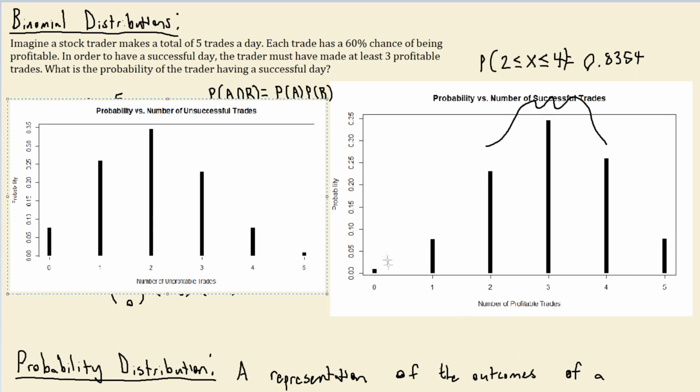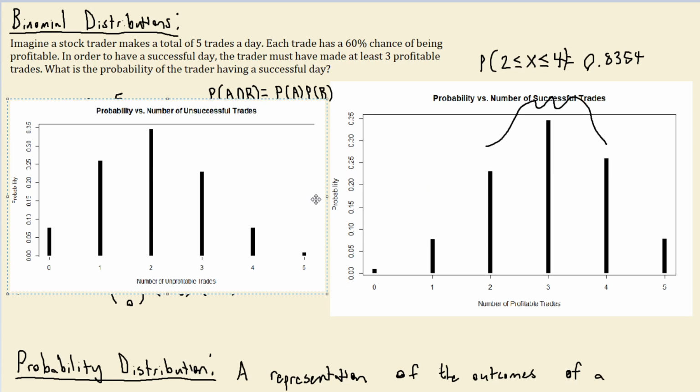And likewise, the chance of having 0 profitable trades is exactly the same as the chance of having 5 unprofitable trades. These are exact mirror images of one another, so to speak, but you could just as easily draw the distribution here if that was more convenient for you or fit what you were trying to present this data or information to. This is the exact same information, just crystallized into different representations.